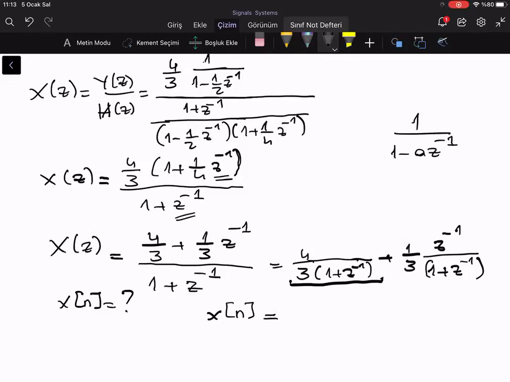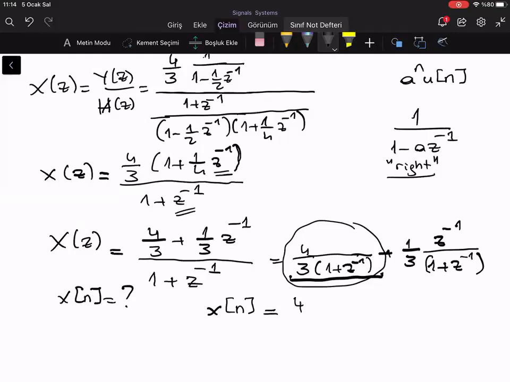It is a to the power n, u of n, if this is a right-sided sequence, right? If it is given like that, yes, hocam, right-sided. So if you see this one, how do you come up with something like that? 4 over 3 minus 1 to the power n, u of n, right?